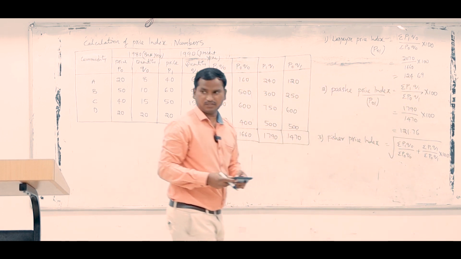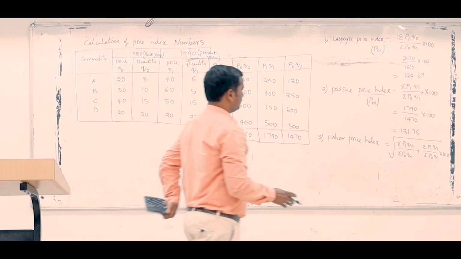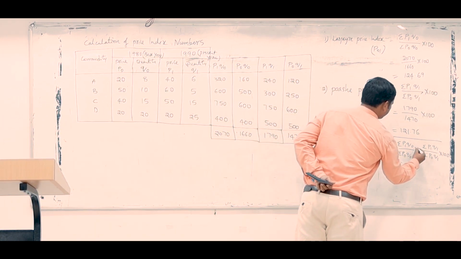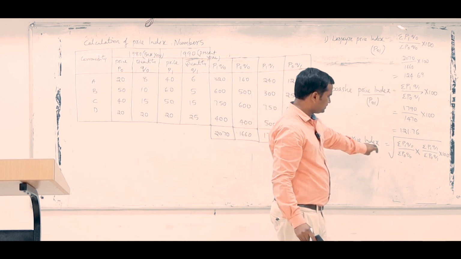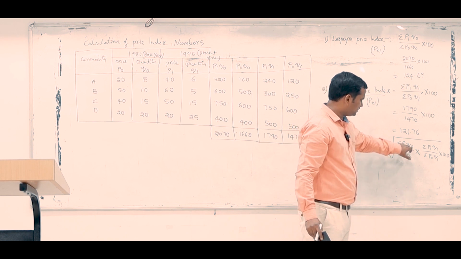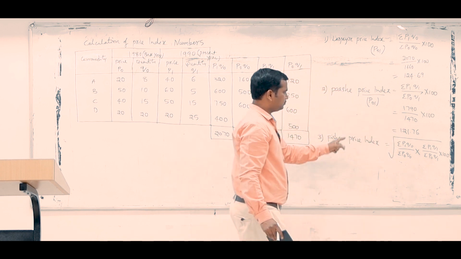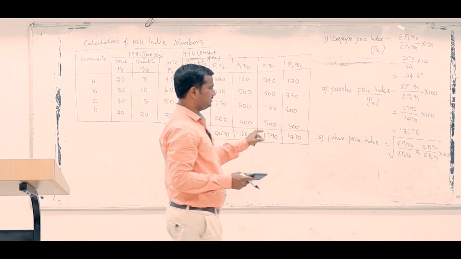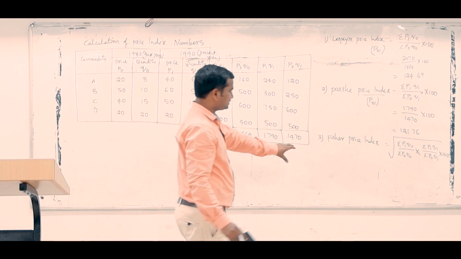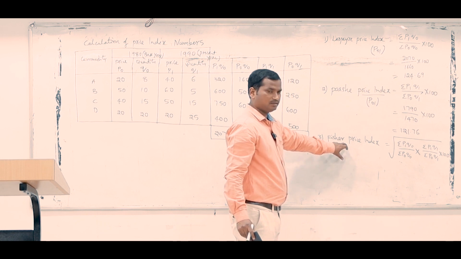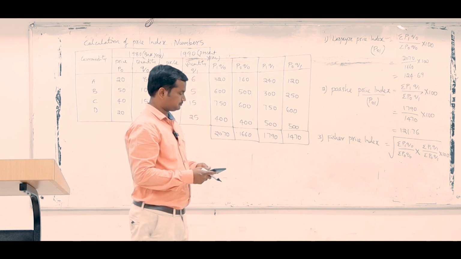So Fisher has constructed the price index by taking both the base year quantities and present year quantities, and for those we should calculate the root so that we will get the price index. So this is the ideal index and the most usually used price index, given by Fisher.